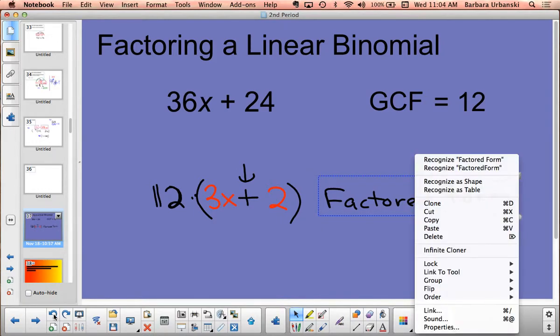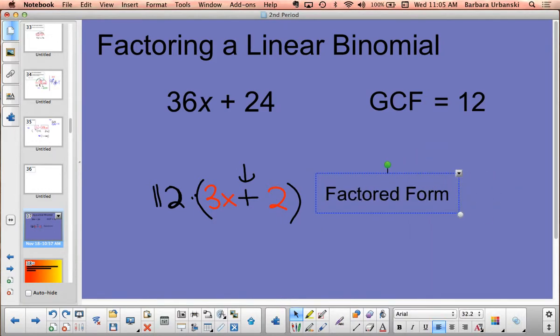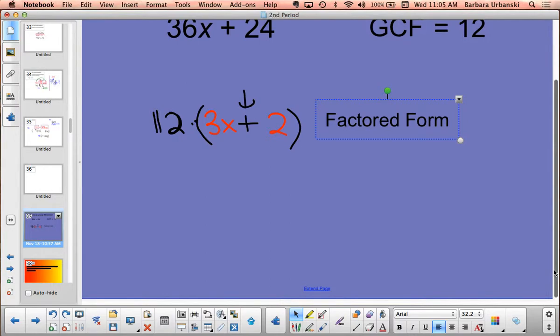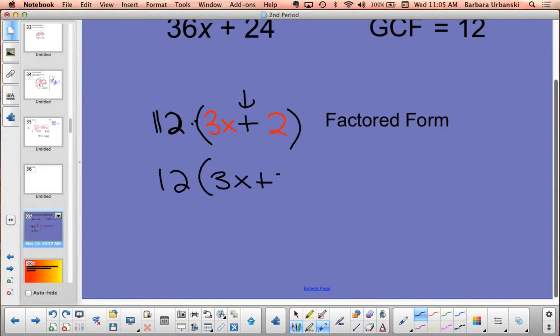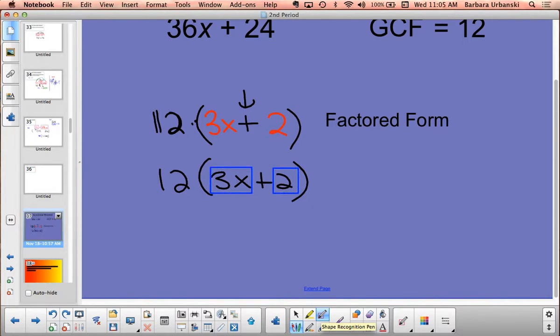And if we wanted to check our work, what we could do is take a look at what we have, which is 12 times the quantity 3x plus 2, and then apply the distributive property. We look and we say that we do have two terms, we have our 3x and we have our 2. The distributive property tells us whatever we are multiplying outside the parenthesis would need to be applied to each term.